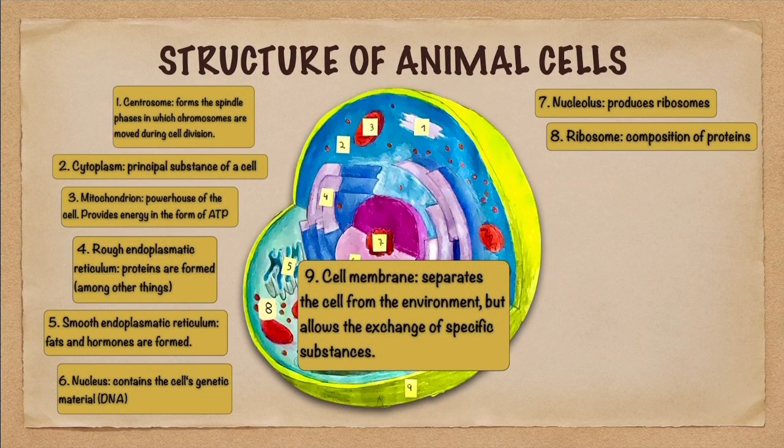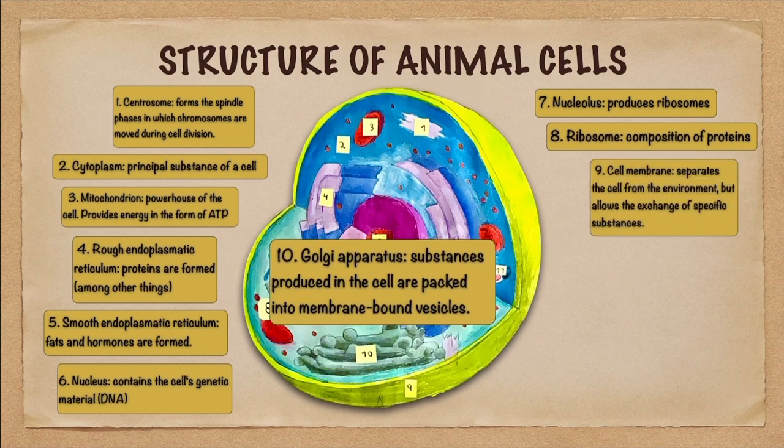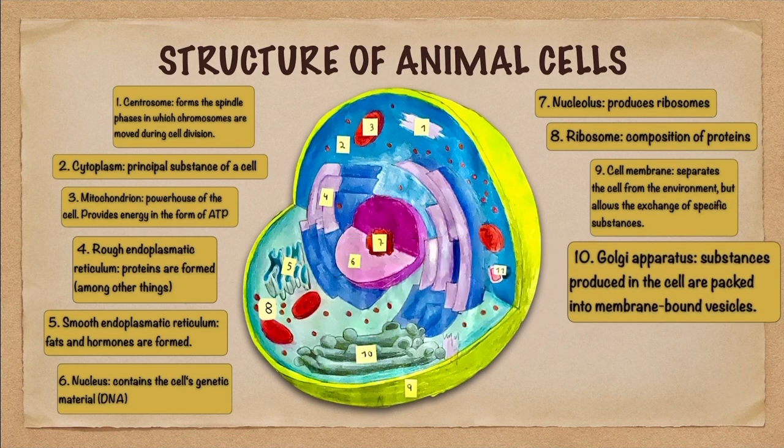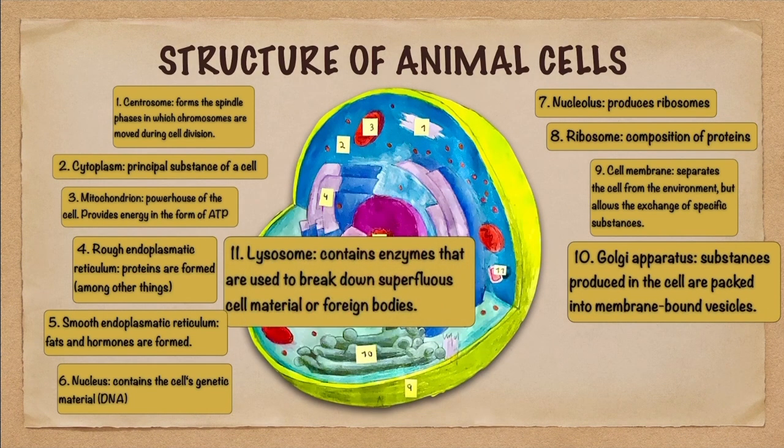Now the cell membrane separates the cell from the environment, but it allows the exchange of specific substances that the cell needs. Now the Golgi apparatus. The substances produced in the cell are packed into membrane-bound vesicles, and that's the activity of the Golgi apparatus. It packs those substances.